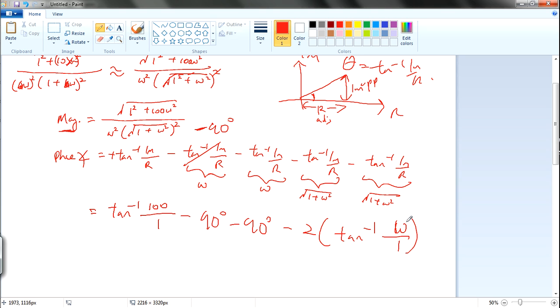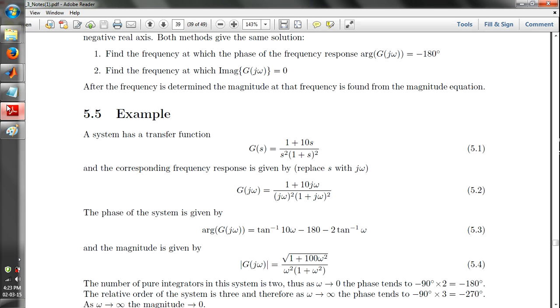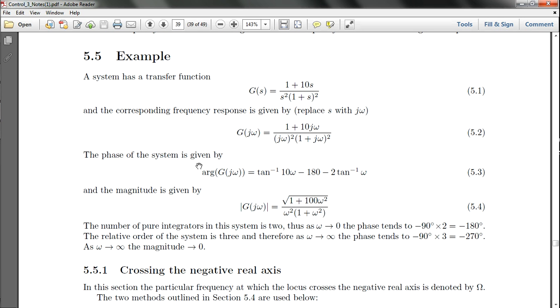Okay, so with this set, I have my phase angle and I have my magnitude. So this is where we stop. This is our phase angle, and this is our magnitude. This is how I derive it.